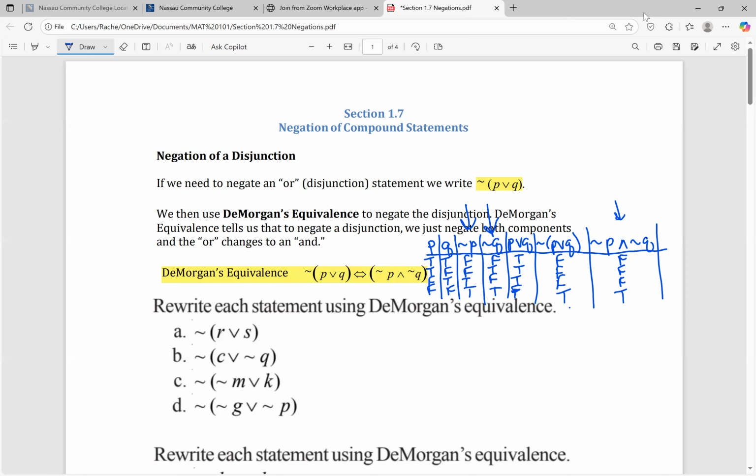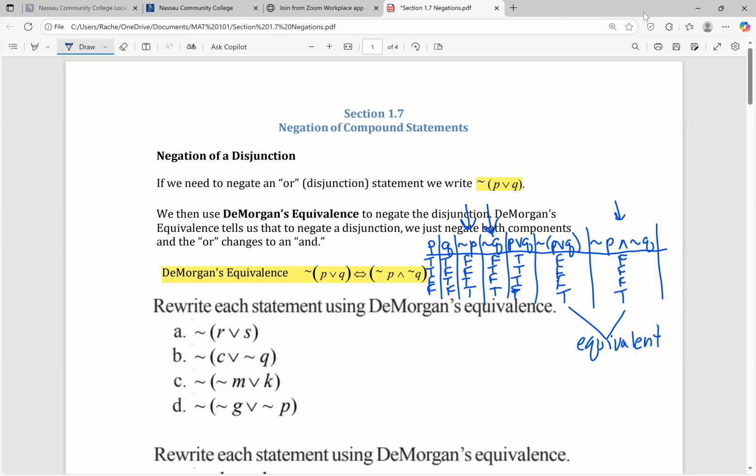And now if we compare these last two columns, the truth values for not (P or Q) and not P and not Q, they're exactly the same. So that's why we have this equivalence, right? Because they're logically equivalent.